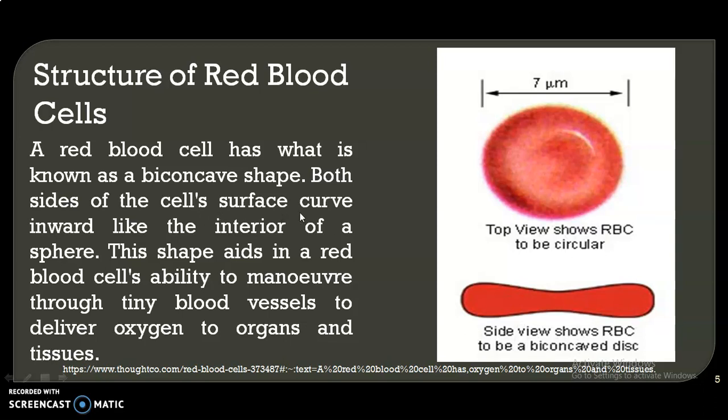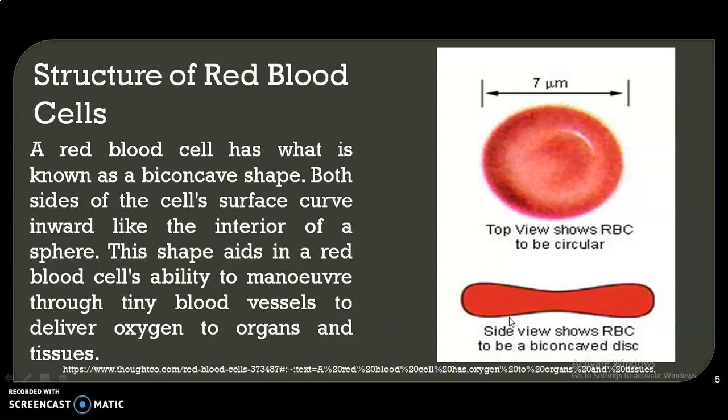Both sides of the cell surface curve inward like the interior of a sphere. This shape aids in a red blood cell's ability to maneuver through tiny blood vessels to deliver oxygen to organs and tissues.